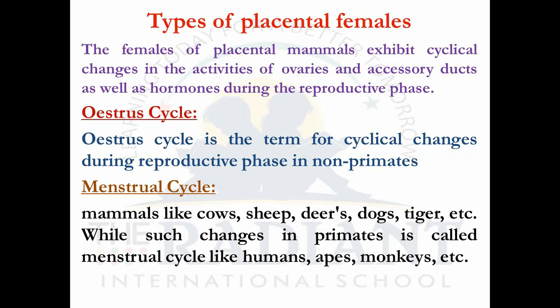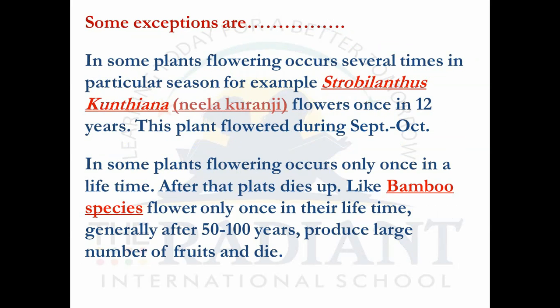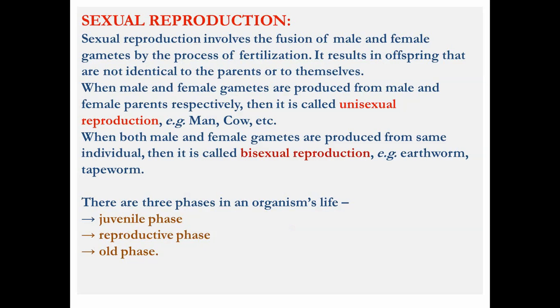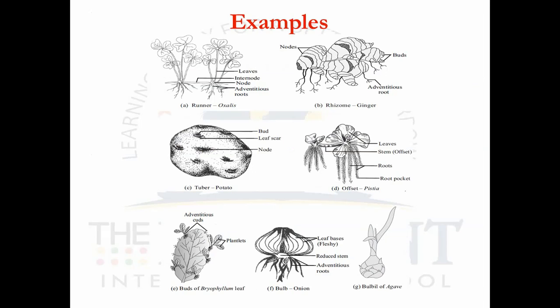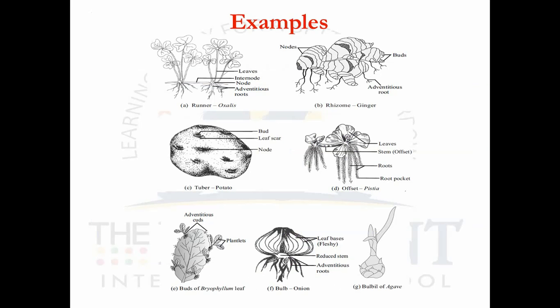Now, students, this is some introduction to sexual reproduction in plants and animals. Today we have discussed the remaining portion of asexual reproduction, that is vegetative propagation, which is a characteristic feature of plants only. It does not take place in animals.